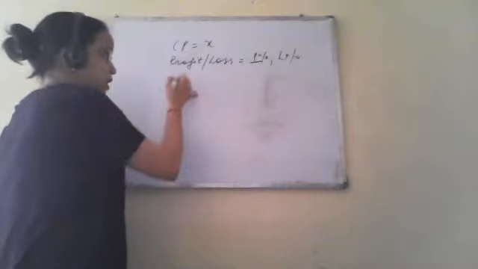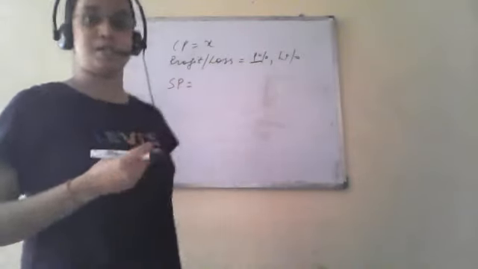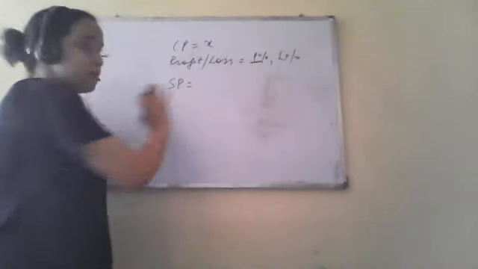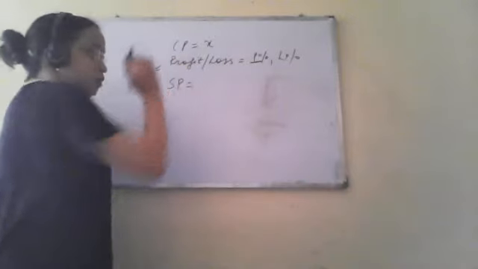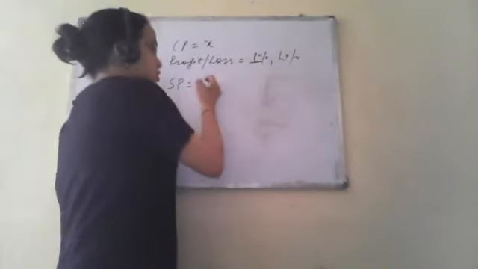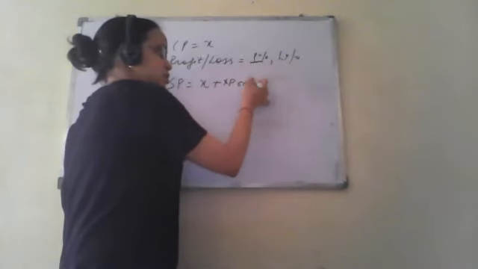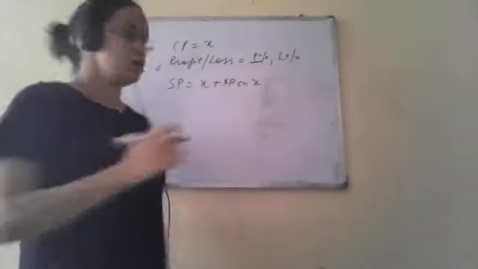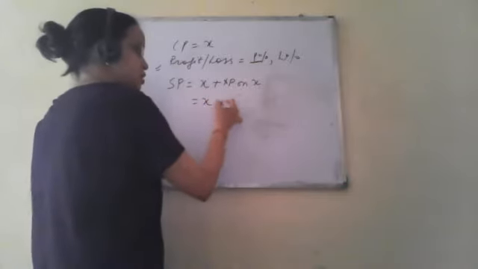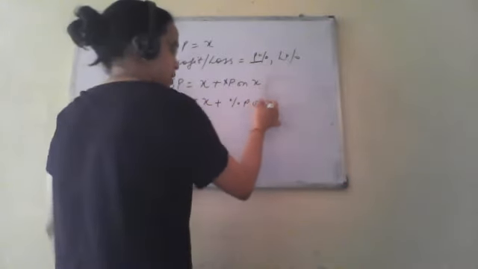How can you directly calculate the selling price? In case of profit, selling price is always cost price plus percent profit on X. So it is X plus P percent on X.